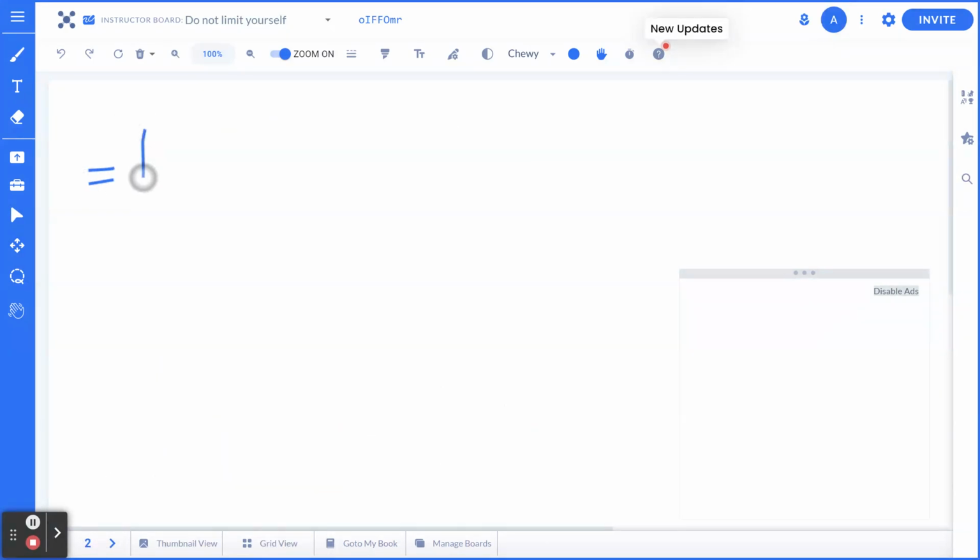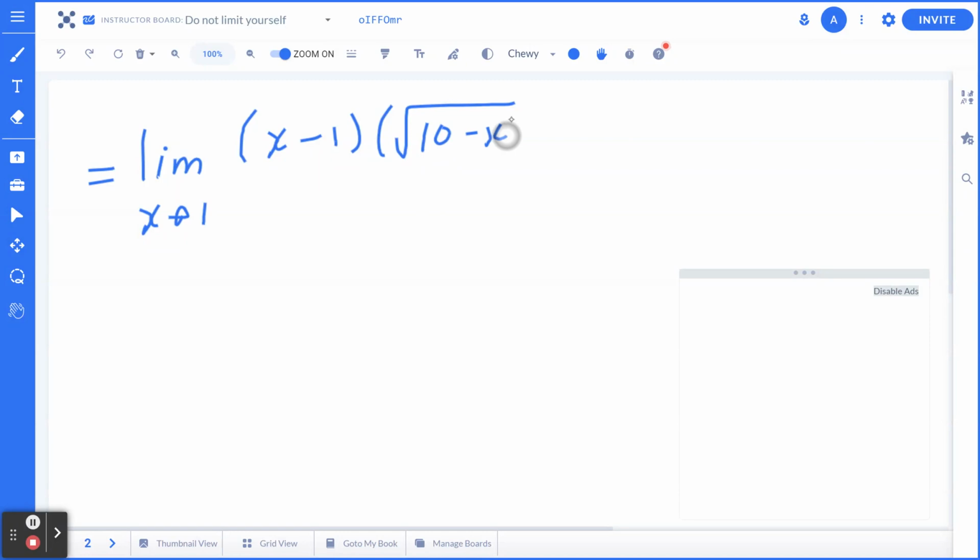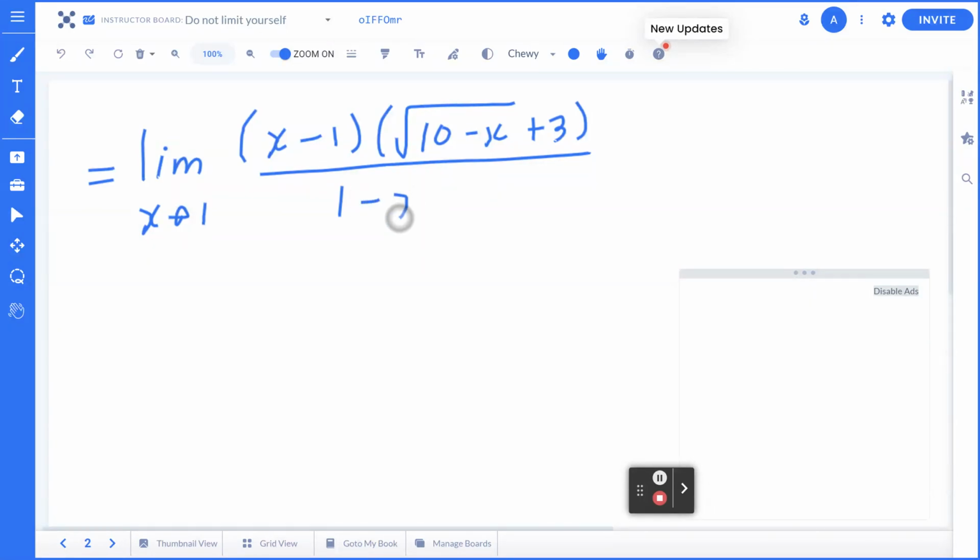This is going to be the same as the limit as x is approaching 1 of (x - 1) times (the square root of 10 - x, plus 3) divided by, and if you simplify the denominator, this equals 1 - x. Now think about this carefully. When you look at the top and the bottom, x - 1 divided by 1 - x is exactly negative 1. This signals to you you're on the right track.